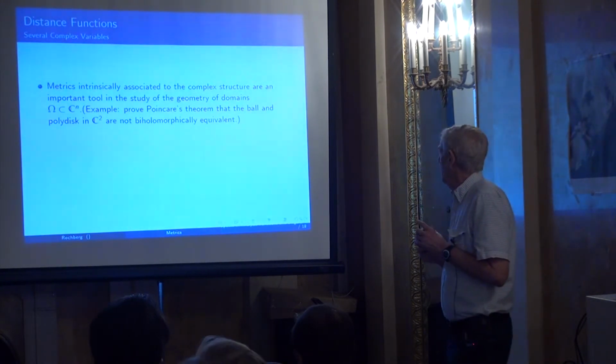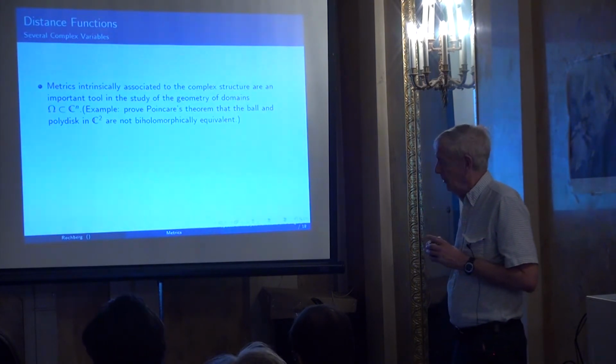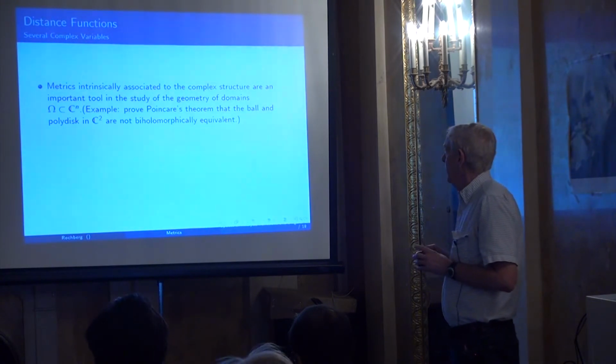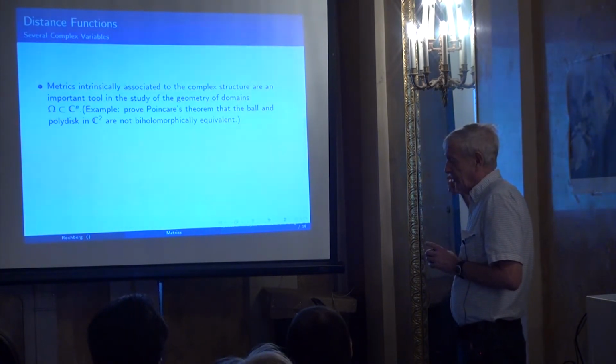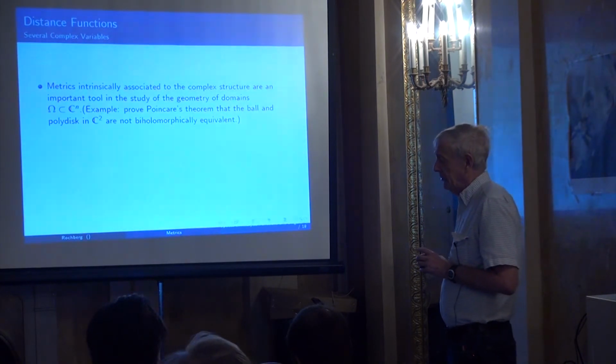The classic example is Poincaré's theorem that says that the two-ball and the bidisk are not biholomorphically equivalent. One way to show that is to compute what metrics, such as, for instance, the delta I described earlier, are in the two cases.